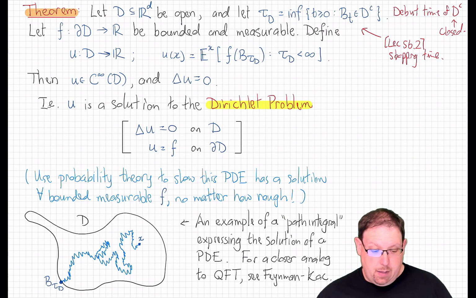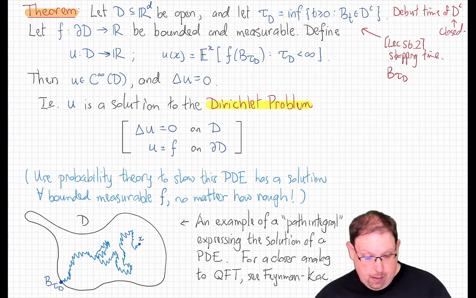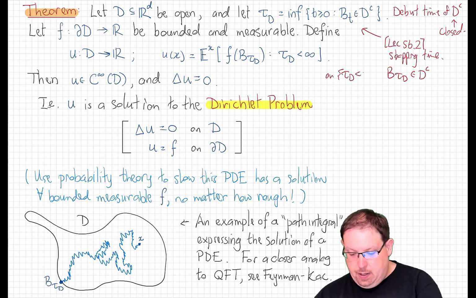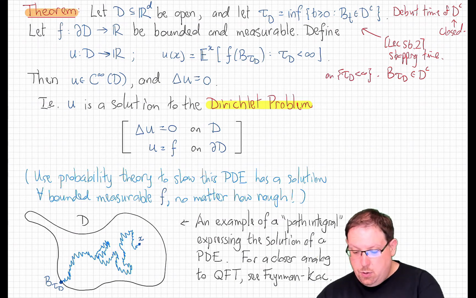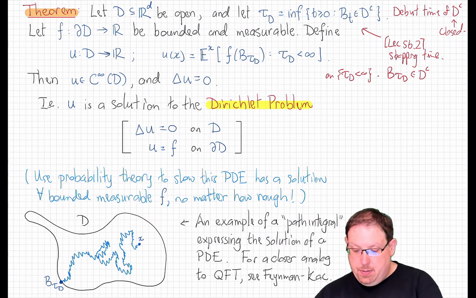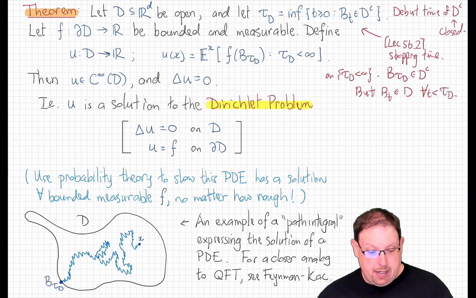Now, since it's a stopping time, that means that if we evaluate the Brownian motion at that time, that point is in that closed set, D complement. Of course, that's on the event that the time is finite. So this point, the first exit point of Brownian motion from D, is in D complement. But at the same time, B_t is in D for all time less than that exit time by definition.